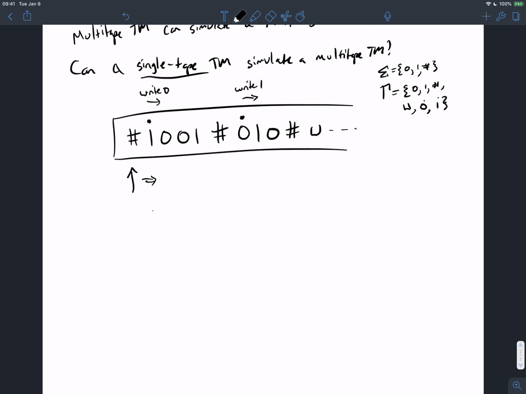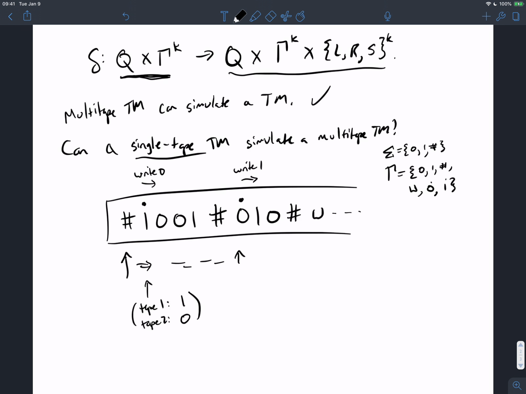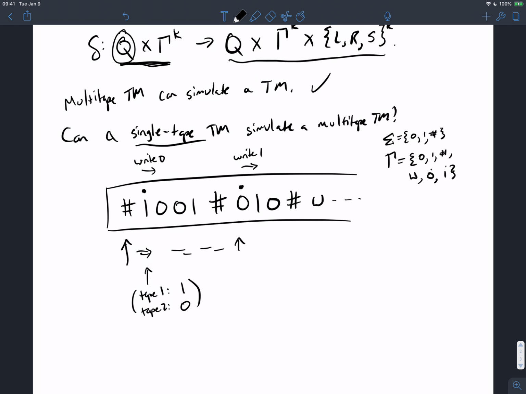Once we get past here, we saw that on tape 1 the head saw a 1. On the second tape, once it goes past here, it sees a 0. Now it uses that information, together with the state, to figure out what to do.